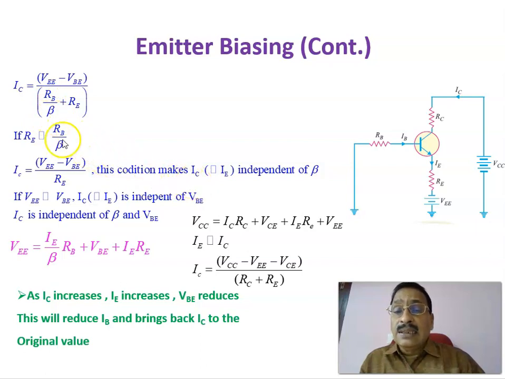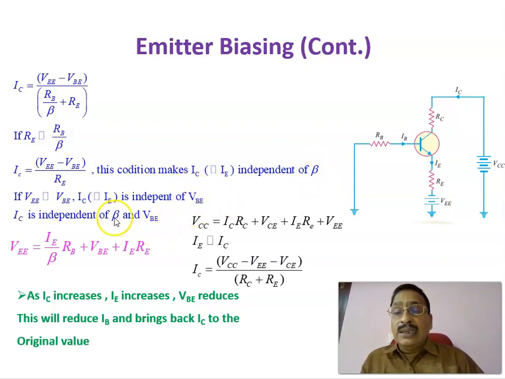Second, as per this equation, VBE will be very small compared to VEE, and that is why IC will be approximately equal to VEE divided by RE, meaning that IC, approximately equal to IE, is independent of VBE. You can see from these two statements that in emitter biasing, the collector current is independent of the common emitter current gain beta as well as VBE.